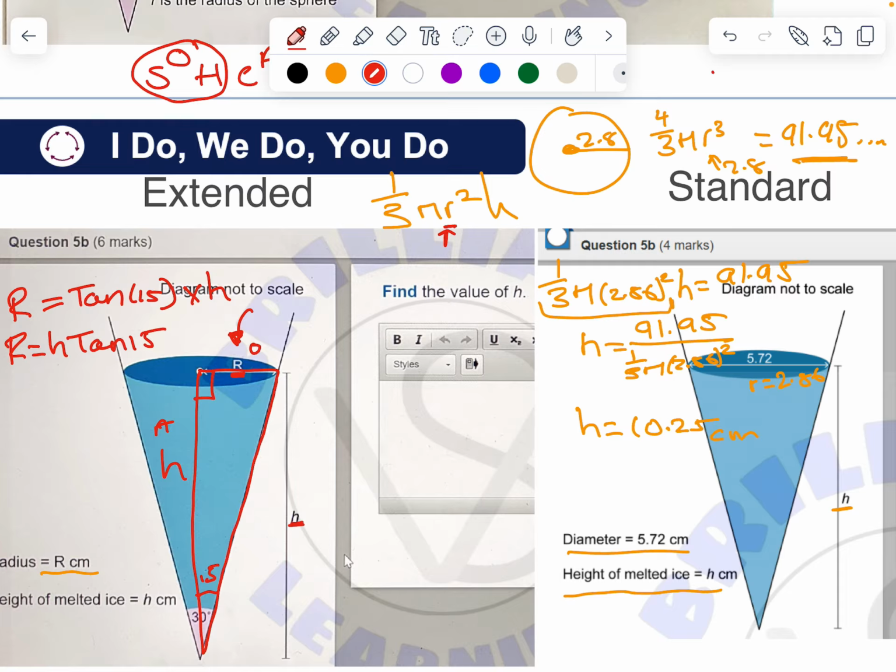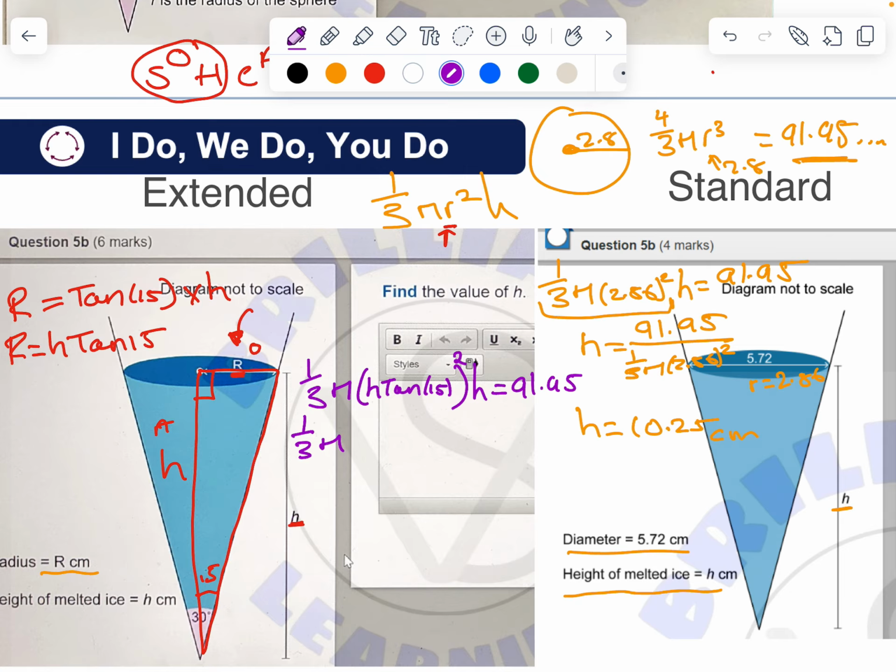Okay, so I'm going to change the colour so you can see what I'm doing. So a third pi, the radius is h tan 15, and then the h we are trying to find, and that equals 91.95. Oh, sorry, that's squared, isn't it? Radius squared. So what does that radius squared mean?